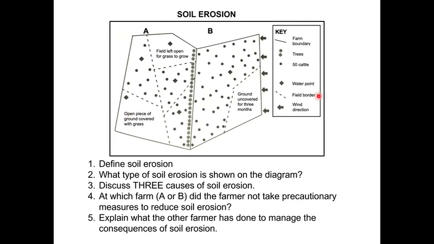Then we see field border. What's this? Okay, we've got a lot of camps here, and we see that this farmer has a lot of borders on his field. What does this mean? This means that all these animals are in different camps that we've got here. That's very important, because this guy nearly doesn't have any camps.